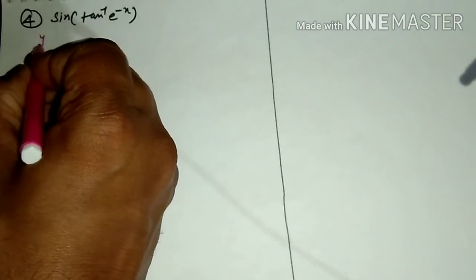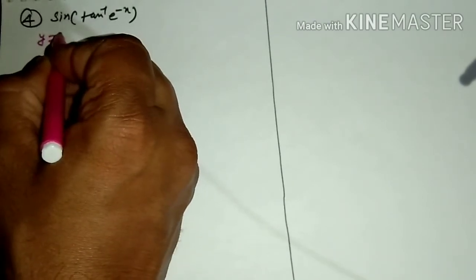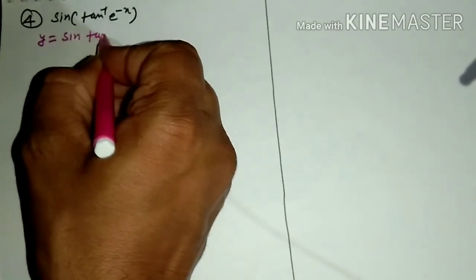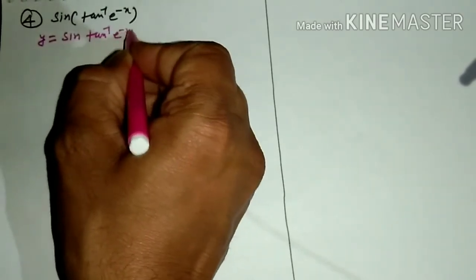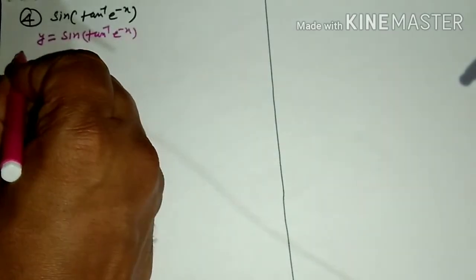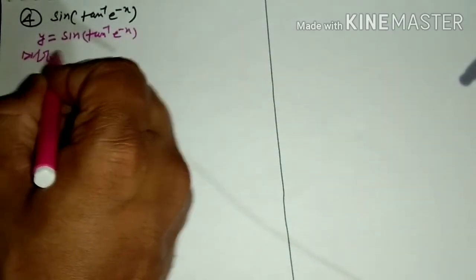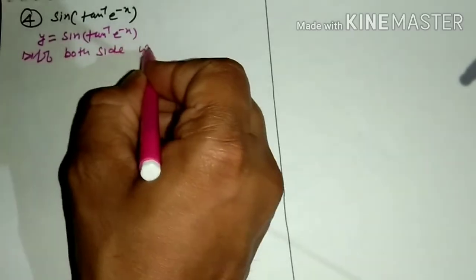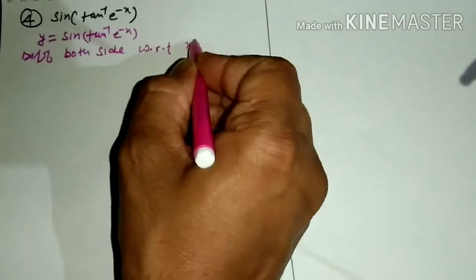So we have question number 4, sin of tan inverse e to the power minus x. As usual we let y is equal to sin tan inverse e to the power minus x, differentiating both sides with respect to x.